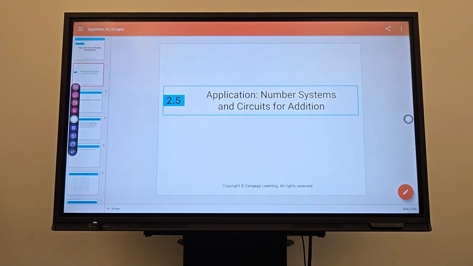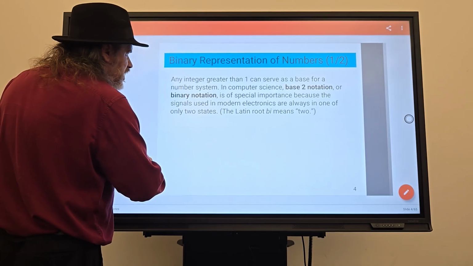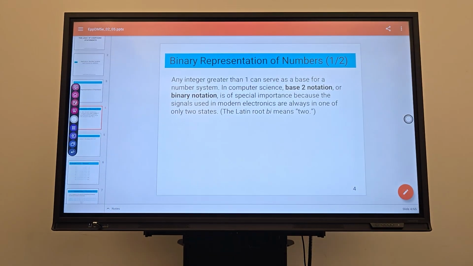So, number systems and their circuits for addition. All right. Binary representation of numbers. Any integer greater than 1 can serve as a base for a number system. In computer science, binary notation is used because in modern electronics, not always, but in most cases, the signals are one of two states, 1 or 0.